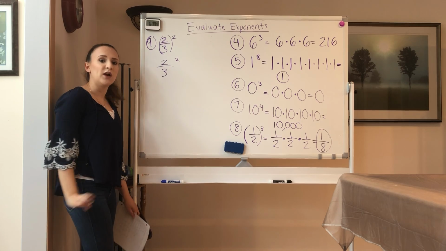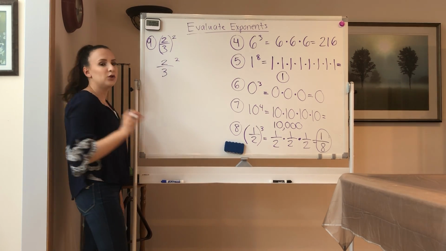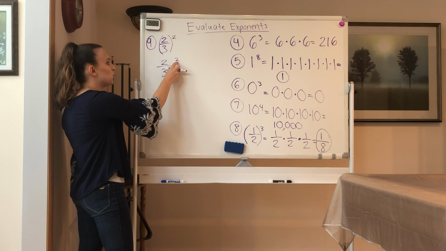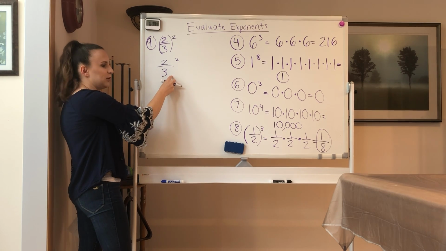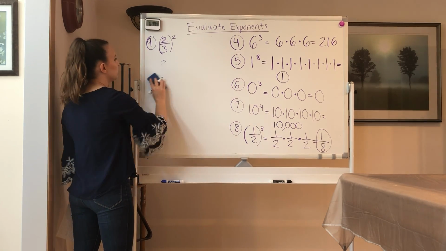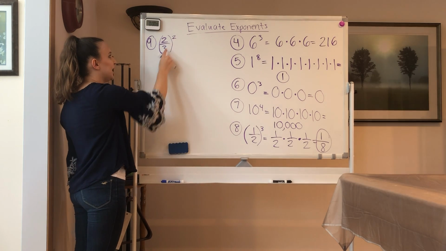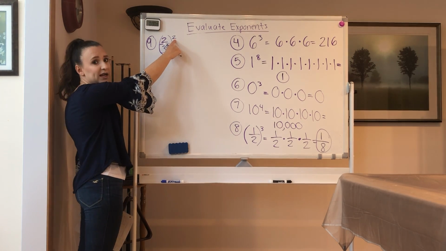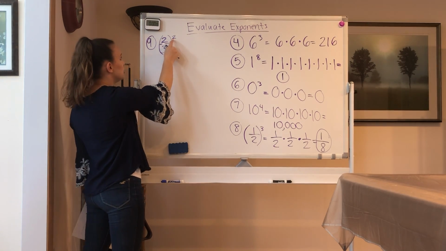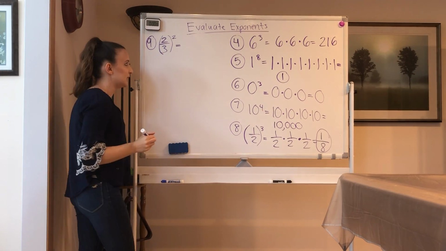The reason I'm not writing it like that, and I'm putting the parentheses, is if I wrote it like this, it would look like I was doing 2 squared, which is 4, divided by 3. It would look like the answer is 4/3, and it's not. You're squaring the entire thing. You're squaring both the numerator and the denominator. This exponent of 2 is distributing to the 2, and it's distributing to the 3. So make sure you write those parentheses in.